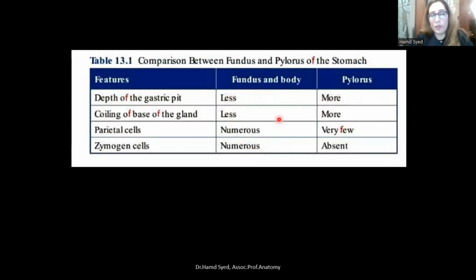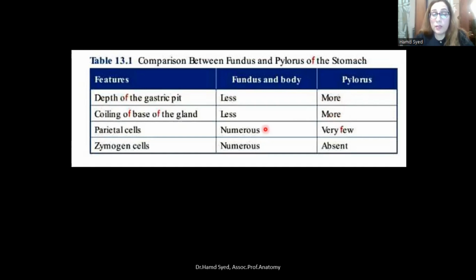If we look at the fundus and body, the depth of the gastric pit is less, and the coiling of the basal region of the gland is also less when compared with the pyloric region. In the pyloric region, the gastric pits are deeper and there is more coiling in the basal region of the gastric glands.